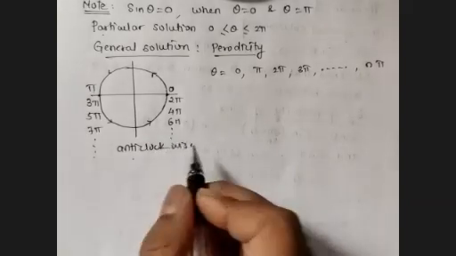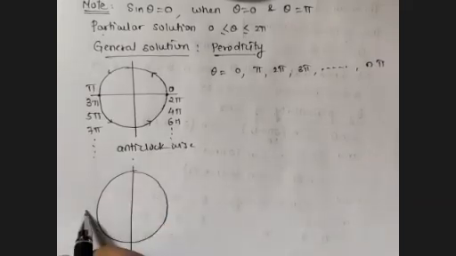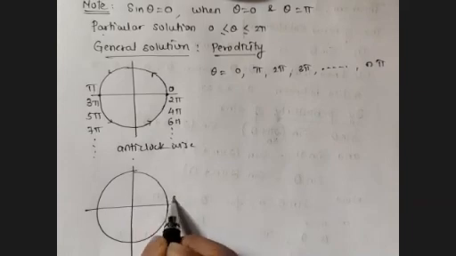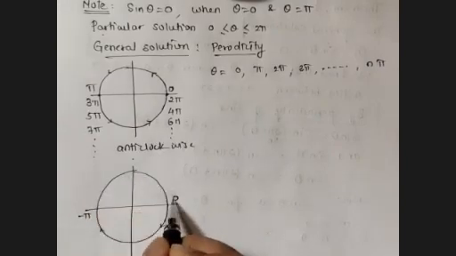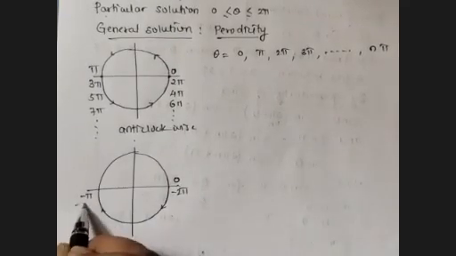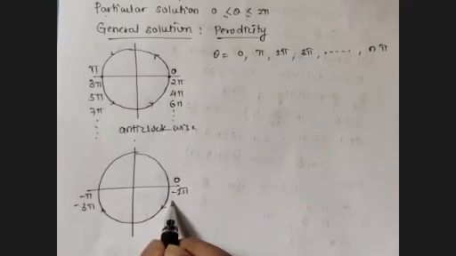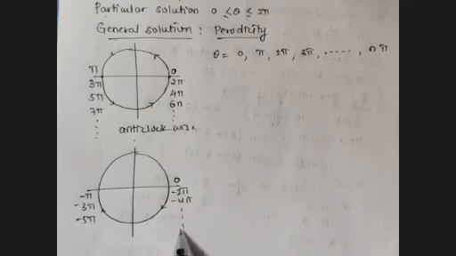Now suppose if I consider clockwise direction. So this is 0, then this angle will be minus pi, this will be minus 2 pi, again it will be minus 3 pi, then minus 4 pi, then minus 5 pi and so on.